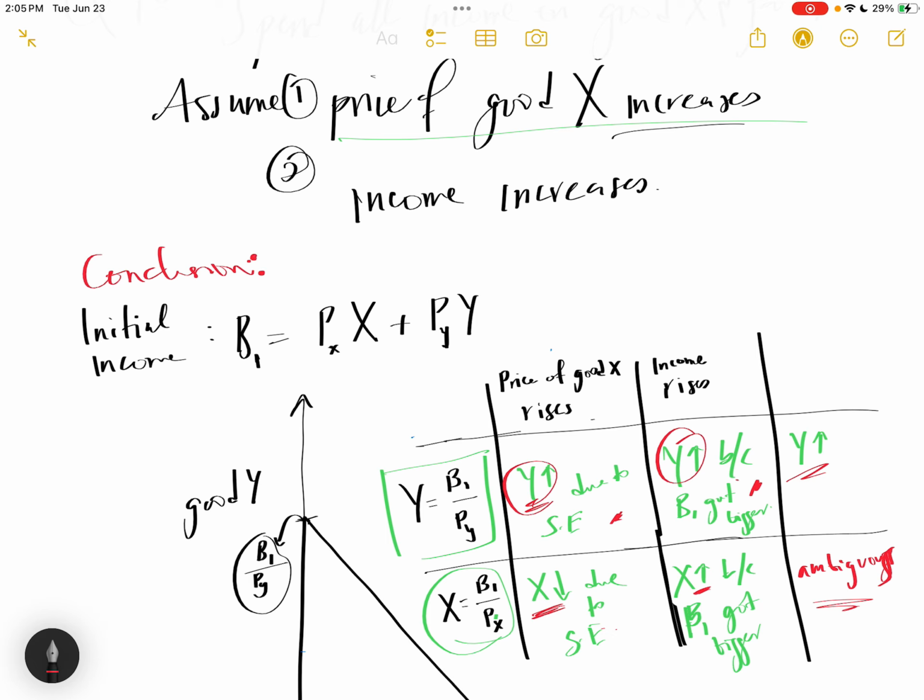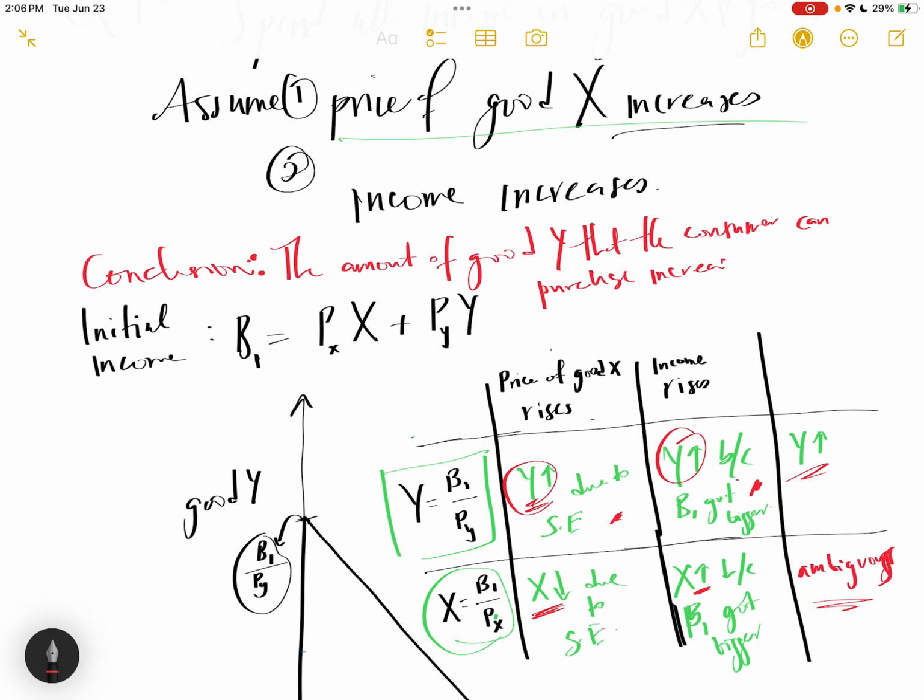And the choice that one was to pick as the answer is the amount of good Y that the consumer can purchase increases, and that is for good Y.